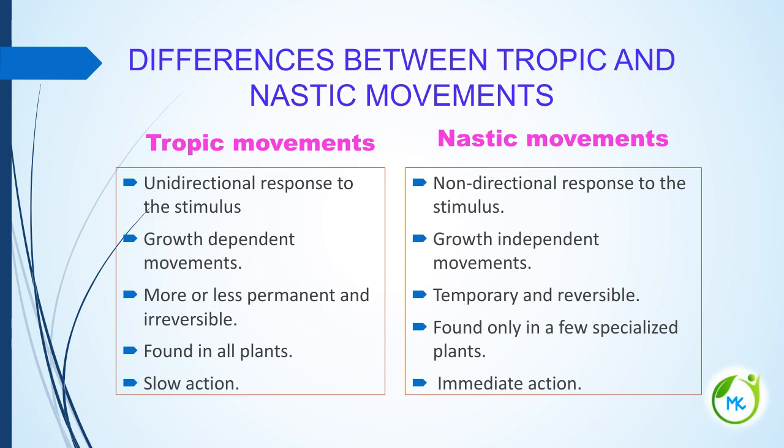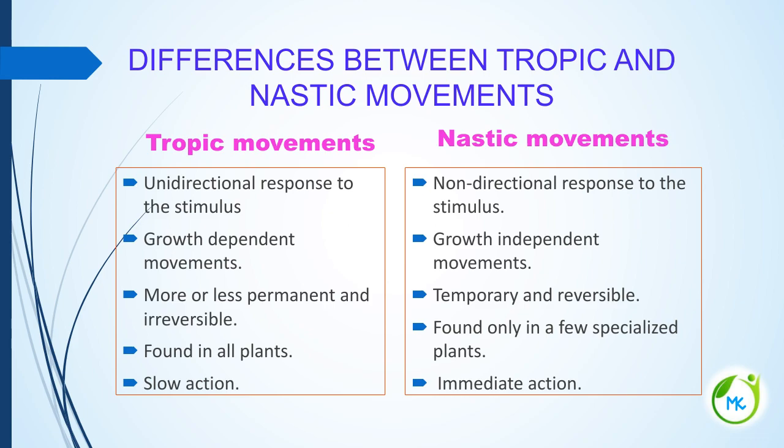The second difference is Tropic movement is a growth dependent movement. So this movement has some influence on the growth. For example, the growth of the stem of a plant towards light, or the growth of the root of a plant towards gravity. So it has something to do with the growth. So it is called growth dependent movement.